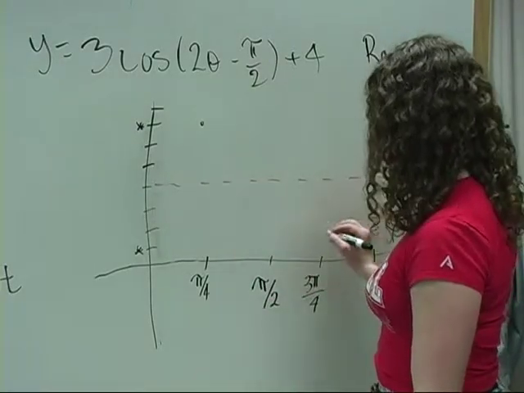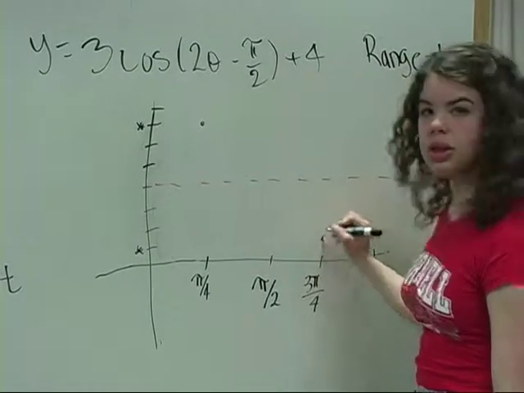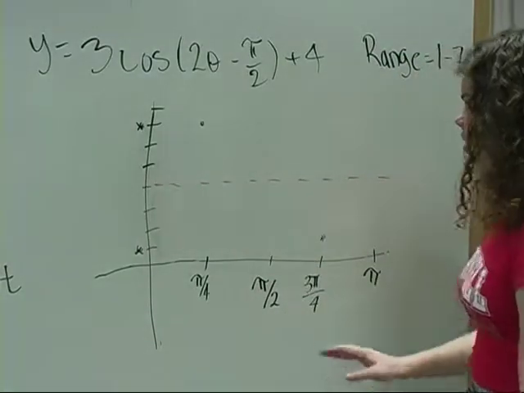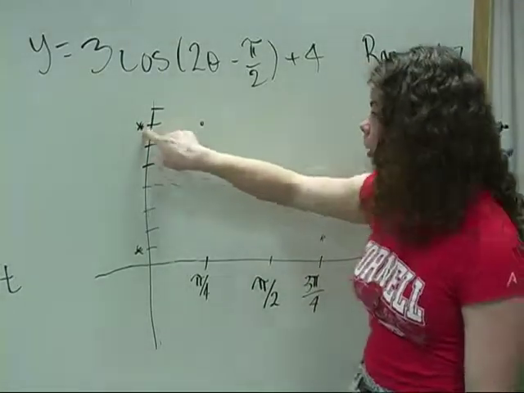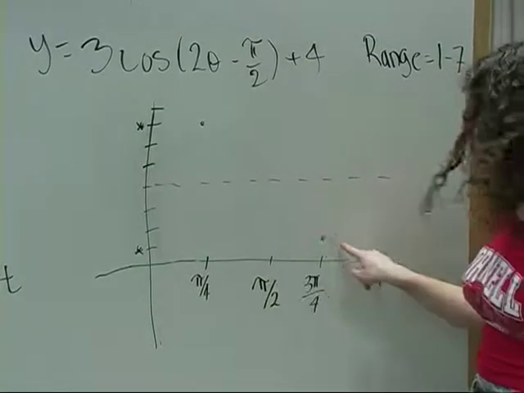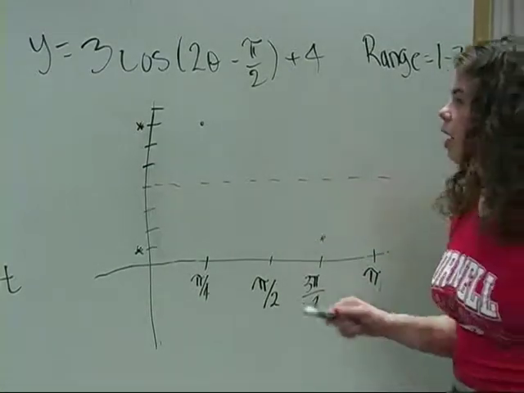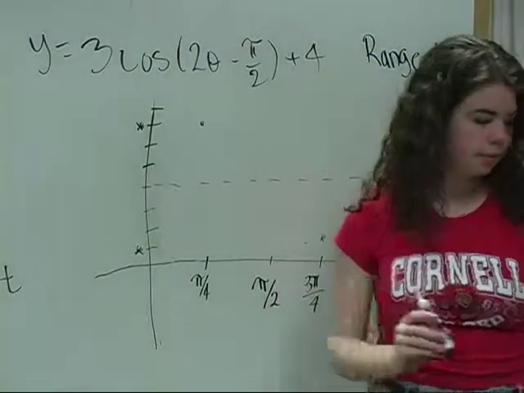Now we're going to move it to 3 pi over 4. Do you see how that happened? Basically, if we originally started here for the maximum, we moved it pi over 4. And if we started here for the minimum, we moved it again pi over 4. So now our maximum is at pi over 4 and 3 pi over 4 is our minimum.